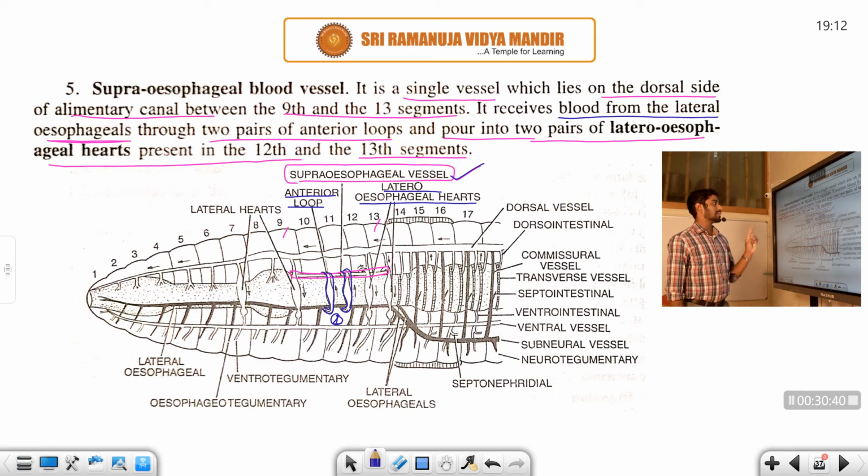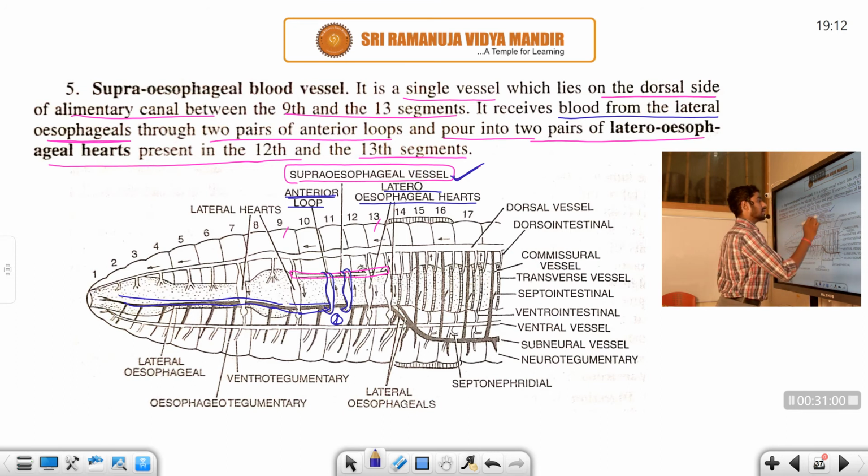Next, another point is that it connects the lateroesophageal blood vessel, the black colored part, called the lateral esophageal blood vessel, and it is also connected to the anterior loop, and it also connects the lateroesophageal heart.